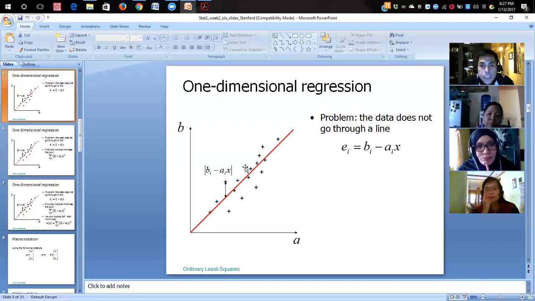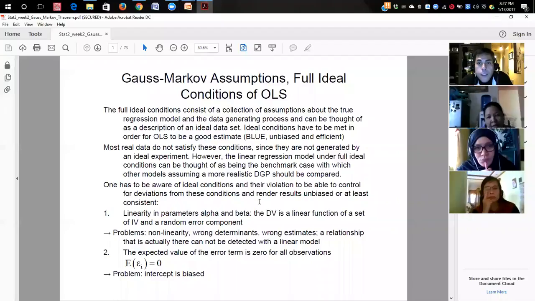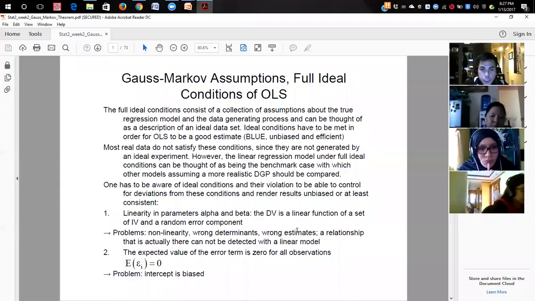And that is the best representation of a one-dimensional regression. And then we square the sum of the beta minus the alpha and its random error component, and then we get what we call the best linear unbiased estimator, the BLUE, result.